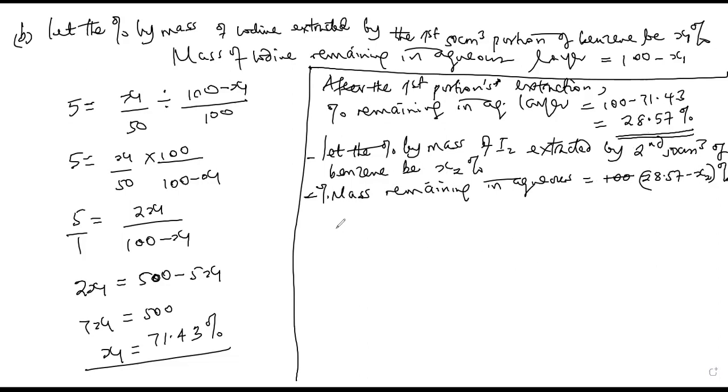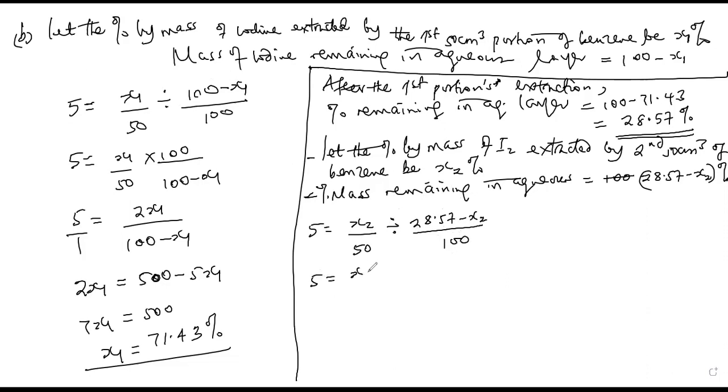All right. Now we are applying the KD, so it will be 5 equals the concentration of iodine in benzene, which will be X2 out of the second volume divided by the concentration of iodine in aqueous, which will be 28.57 minus X2 out of 100.